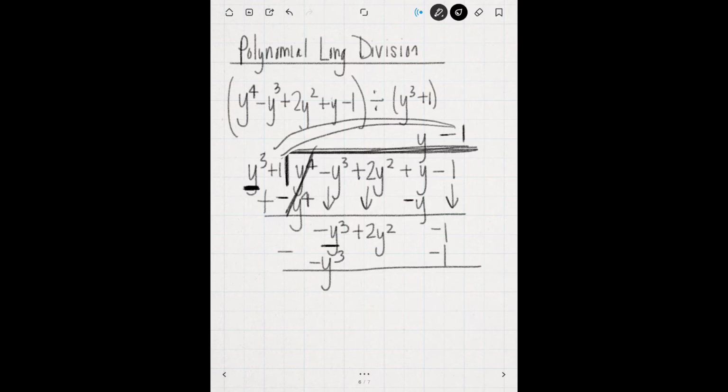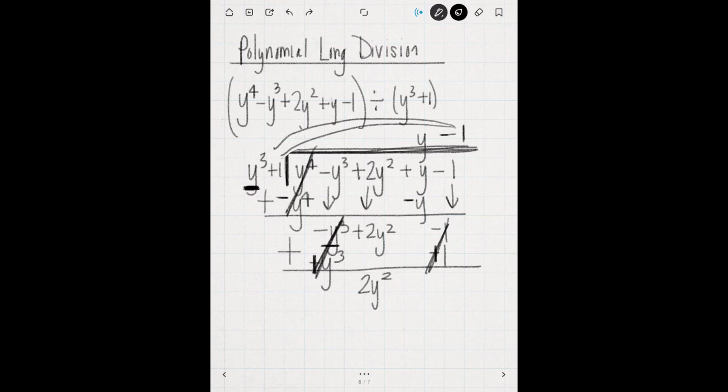So we go through and we add the opposite. Now this is a negative, so it changes to a positive. This is a negative, so it changes to a positive. These cancel out, so I have 2y squared, and these cancel out. Okay, now y to the third times what is 2y squared? Well, nothing, because this exponent is smaller than this one.